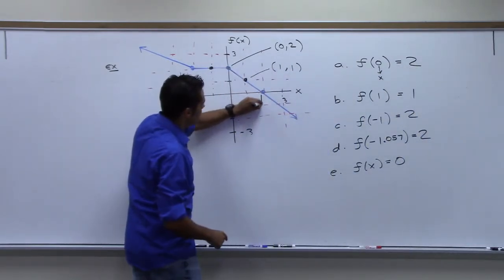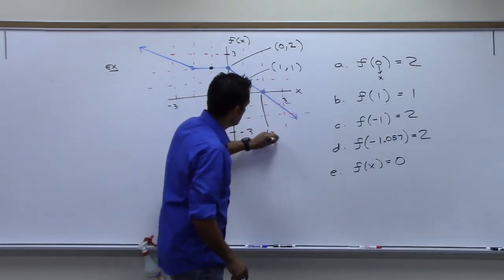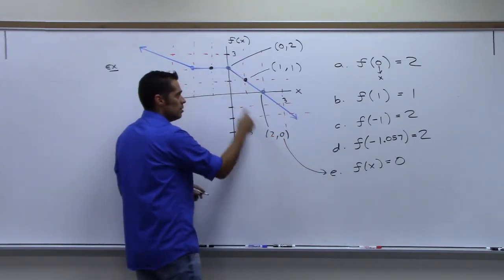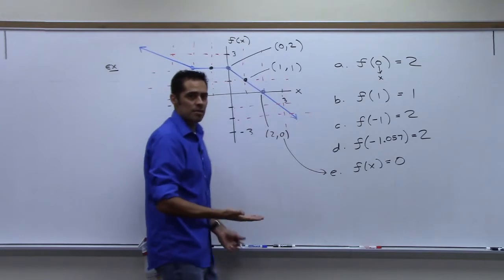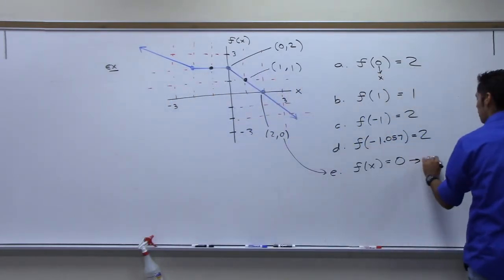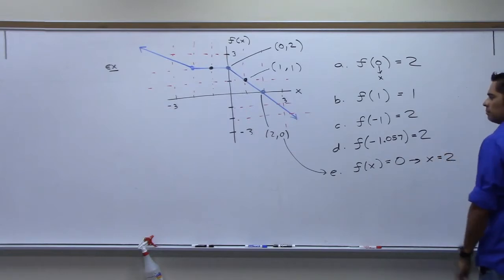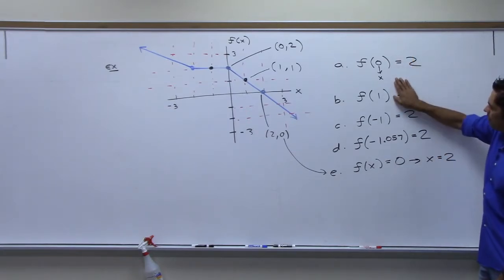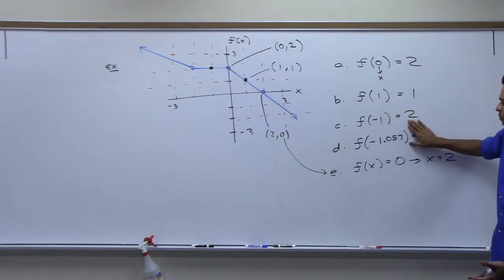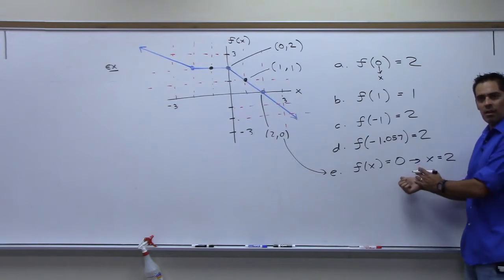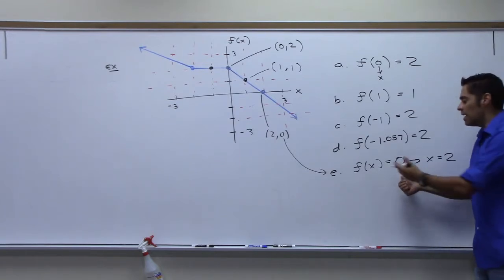At this point right here, you plug in 2, you get an output of 0. Output 0, input was 2. So it's the x-intercept, isn't it? So here x would be 2. Again, you can see the difference in the notation, right? F of 0, f of 1, f of negative 1, and all of a sudden f of x equals 0. That's what tells you, look, I'm looking for the input, not the output.